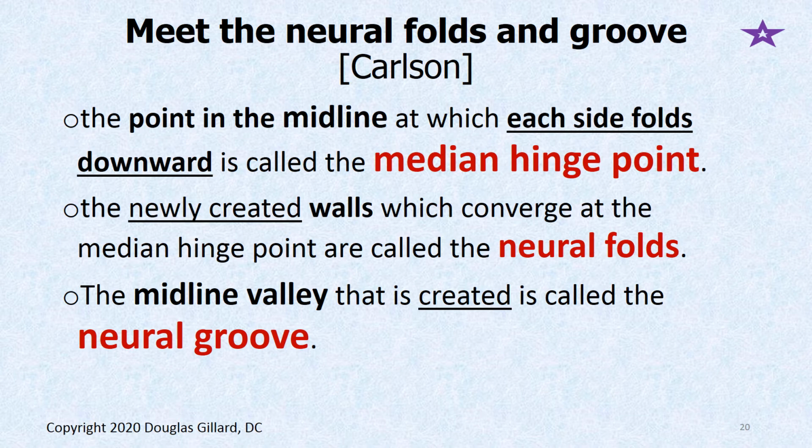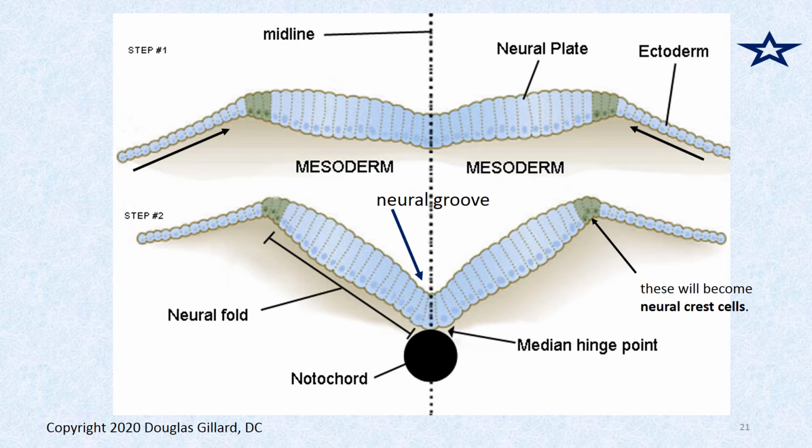The newly created walls, because instead of a flat plate, now we have a right and a left wall, are called the neural folds. Neural folds. And the neural folds create a valley, and that midline groove or valley is called the neural groove.